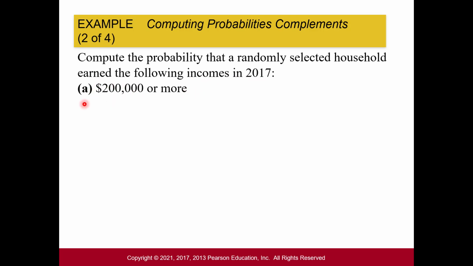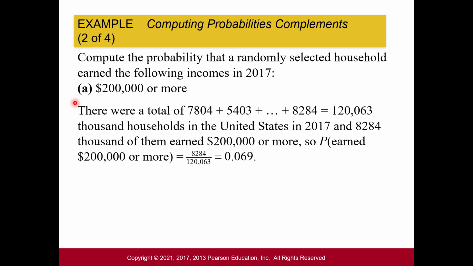So we're going to compute the probability that a randomly selected household earned the following income amounts. First, 200,000 or more. Remember, these are all in thousands. If we add up all of the values in our numbers column, it was a total of 120,063 times 1,000 households in the United States.